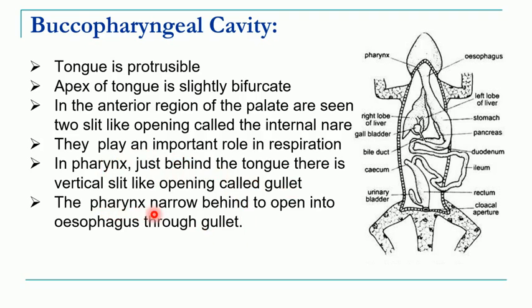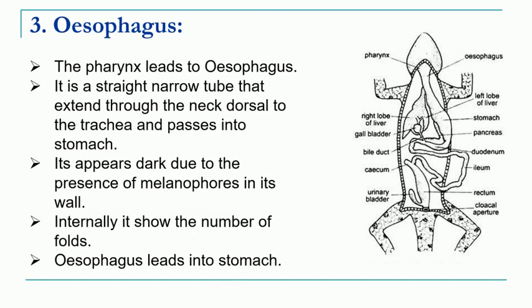Now this pharynx is nothing but a narrow tubular part of the alimentary canal, which opens into the esophagus. So now we move on. From the buccopharyngeal cavity we have seen the pharynx, and from the pharynx it leads into the small tubular structure called the esophagus. The pharynx leads to the esophagus, which is a straight narrow tube-like structure.